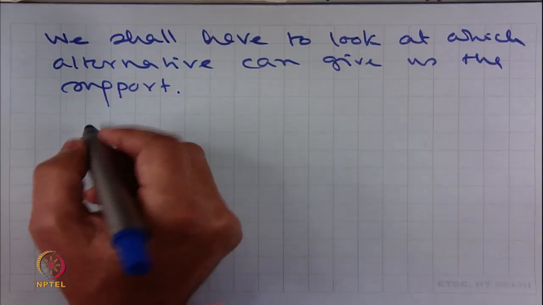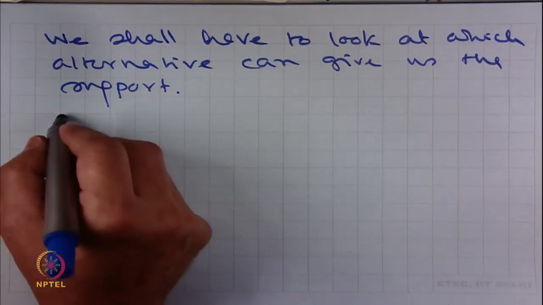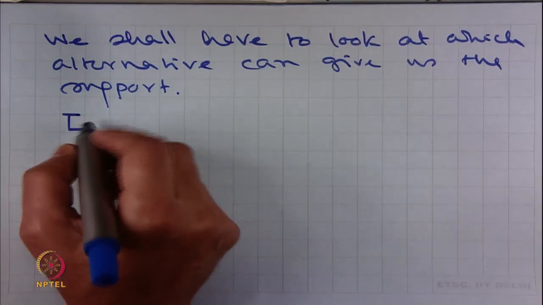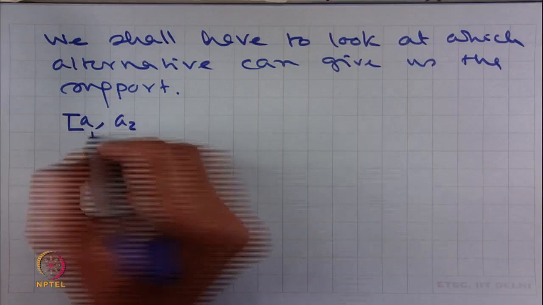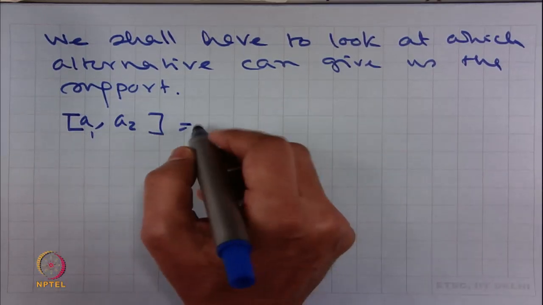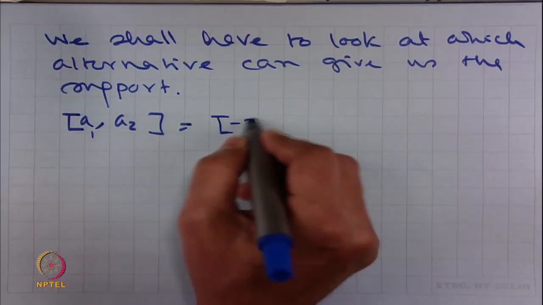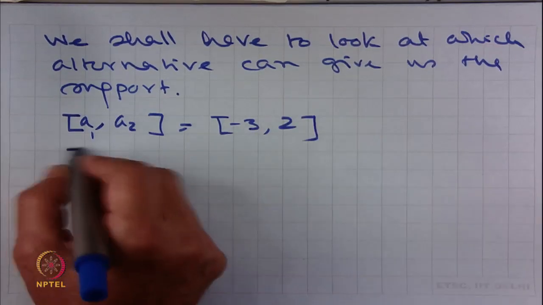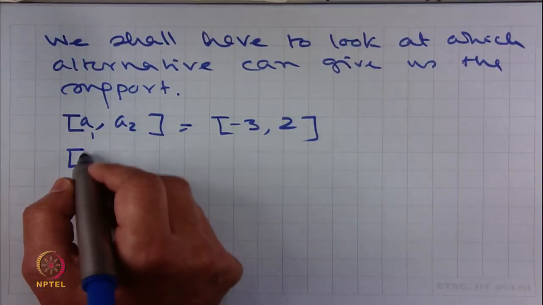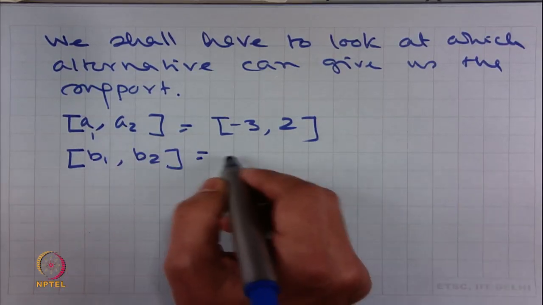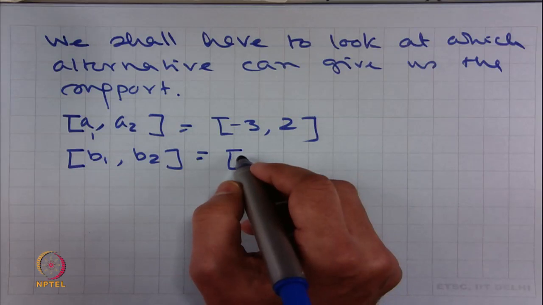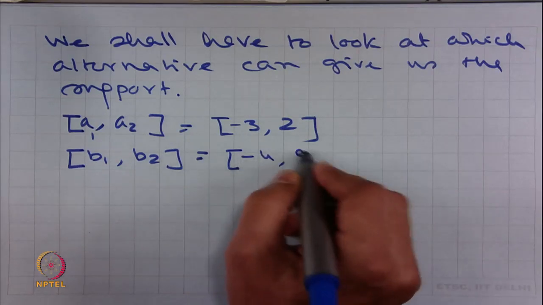Let us give an example. A1, a2 is equal to minus 3, 2, b1, b2 is equal to minus 4, 9.